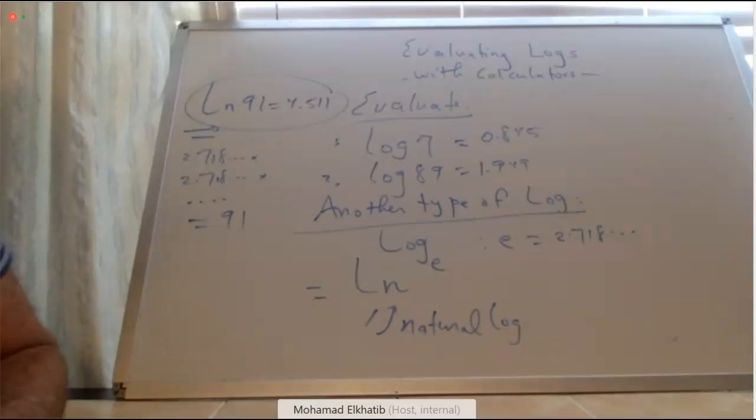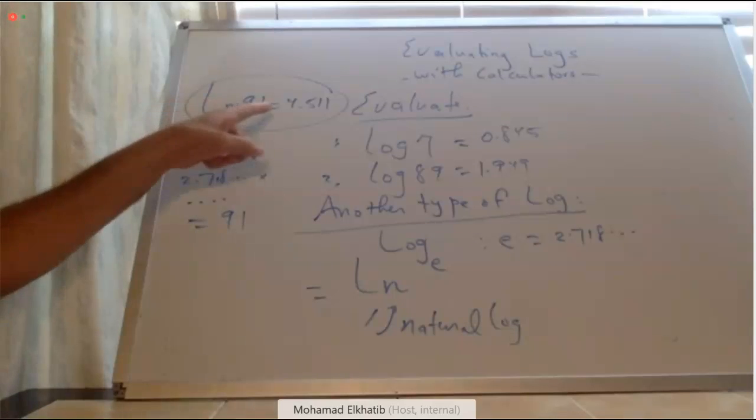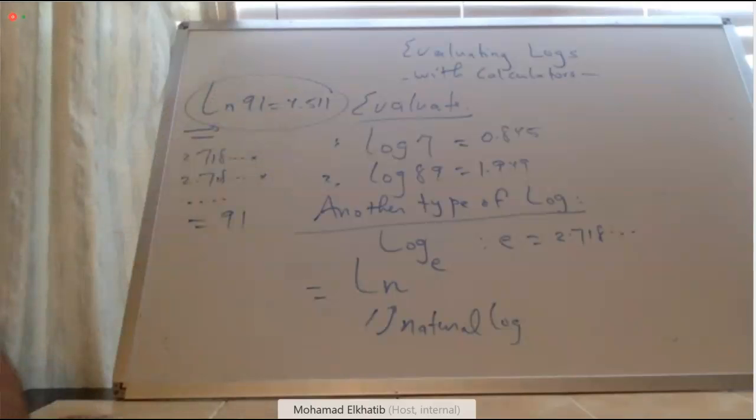Does that make sense, class? So let's go to your calculator, see if you get 4.511 for ln 91. If you did, it means you're in business. As you're copying it, if you did not get 4.511, let me know.